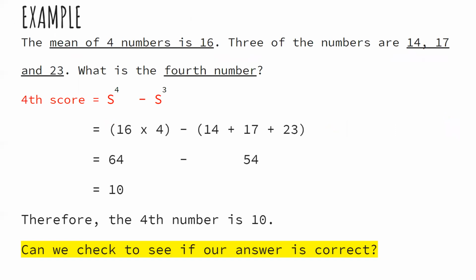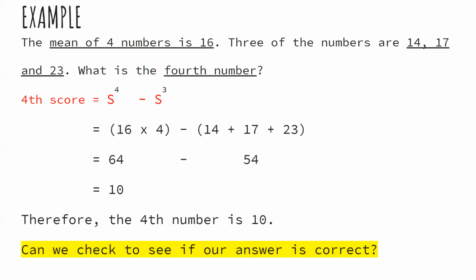And here's the sum with the formula. Let's read it again. The mean of 4 numbers is 16. 3 of the numbers are 14, 17, and 23. What is the fourth number? Both parts of the formula require us to find the sum. You must use both methods that we learned about in the previous video.